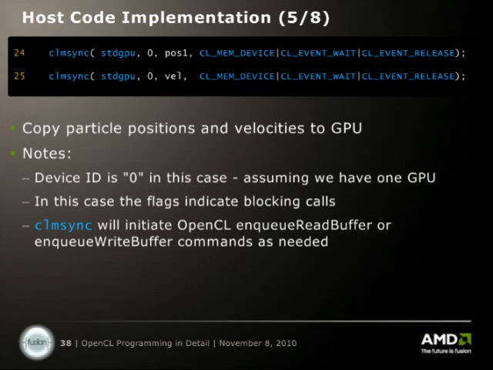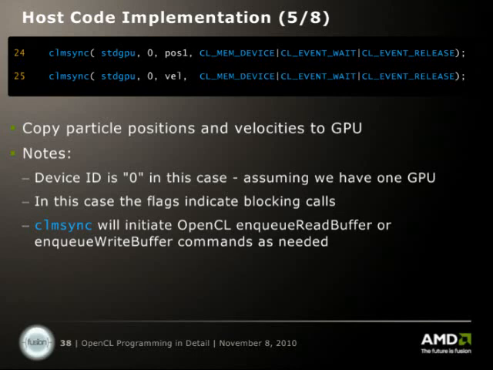The next thing we need to do: we've initialized the positions and velocities of all particles on the host side, so we need to transfer that data over to the GPU. We do that with a CLM sync call. We're synchronizing those arrays to the device, in this case the GPU.